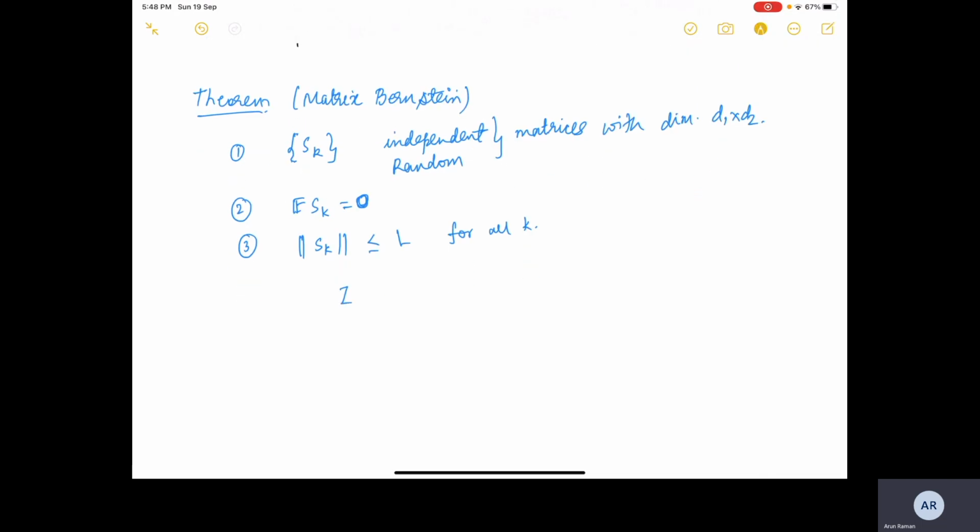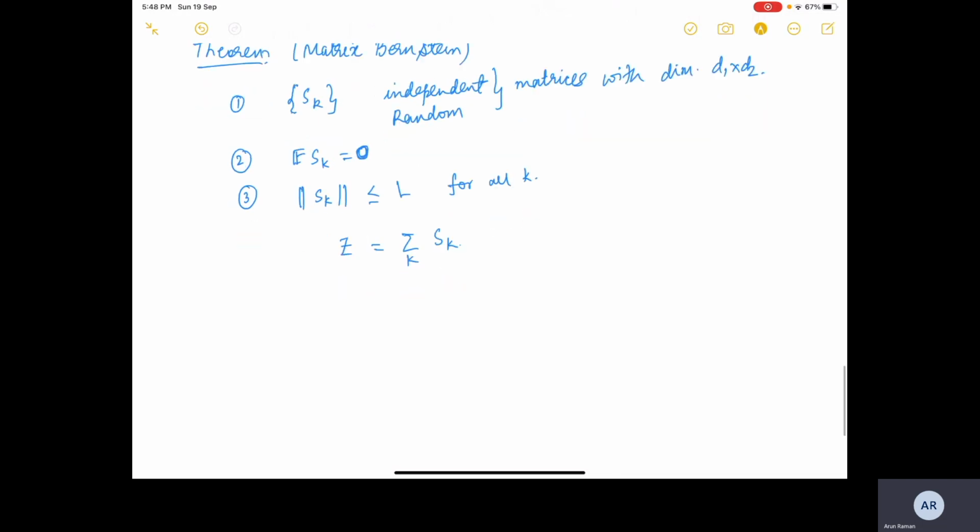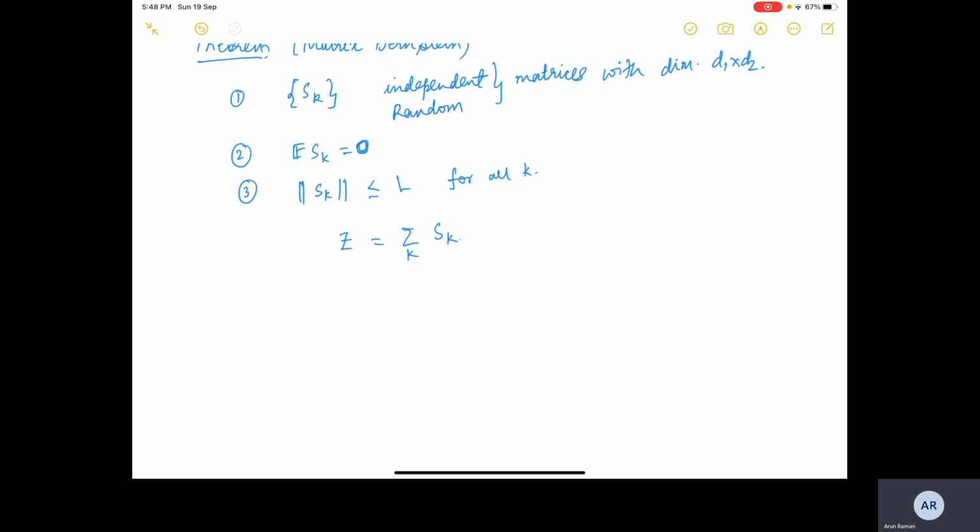Then we introduce the sum matrix Z. This is the sum of all the matrices. There are a lot of things in the statement itself. Then we have a variance statistic.